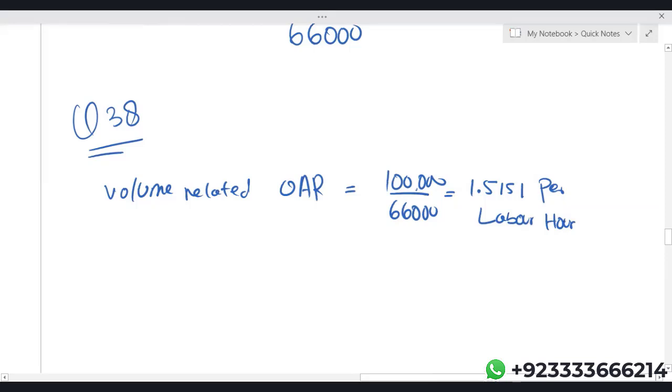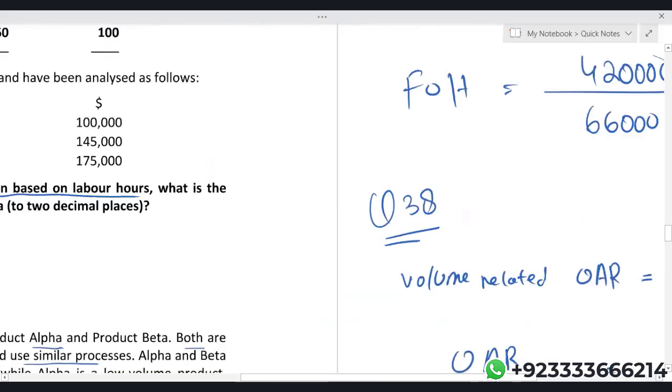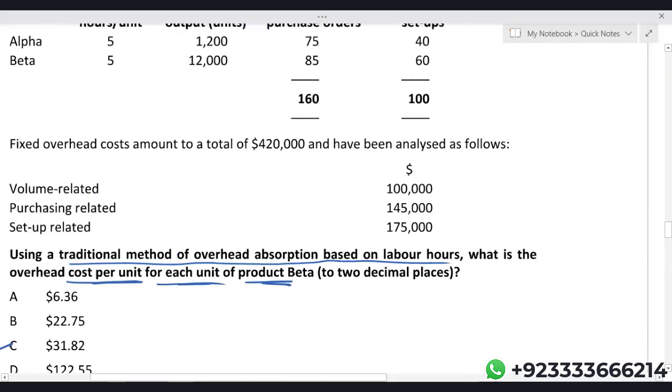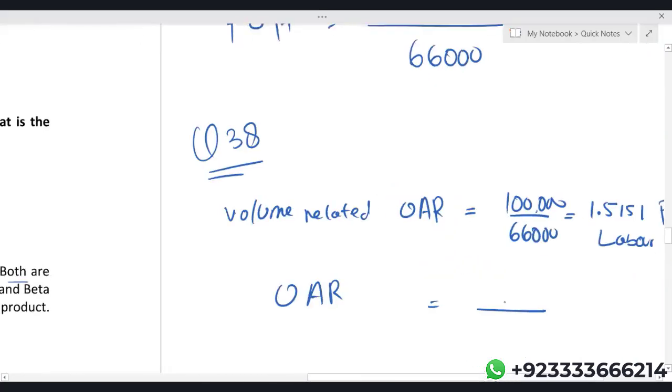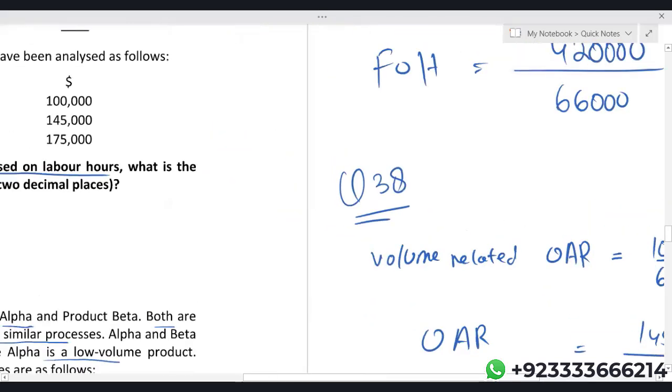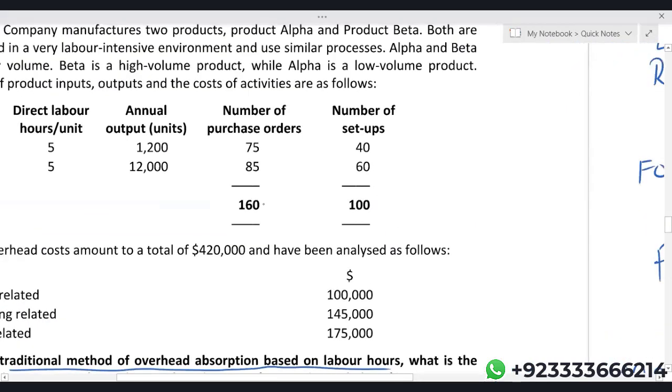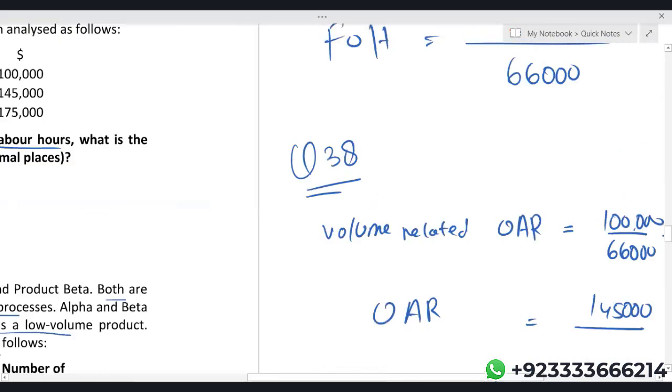Now, overhead absorption rate per purchase order. Purchasing related overhead is 1,45,000. How many purchase orders are there? 160.